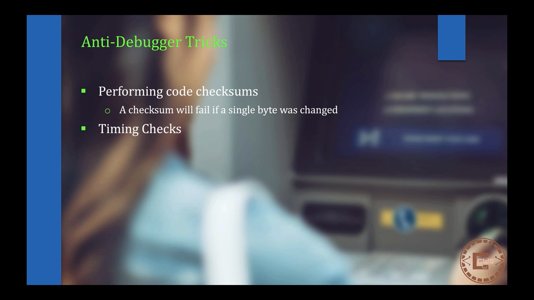Timing checks, guys. When you are doing a debugging process, you will go step by step, and that means it will not run as fast as if the program is running without a debugger.